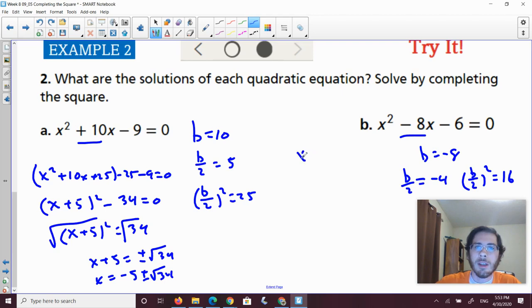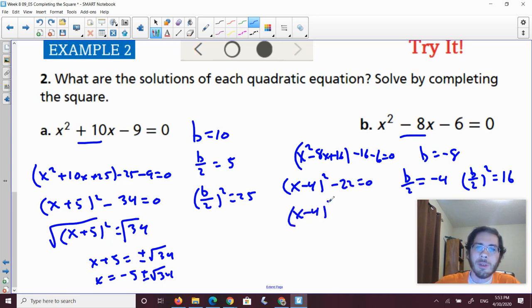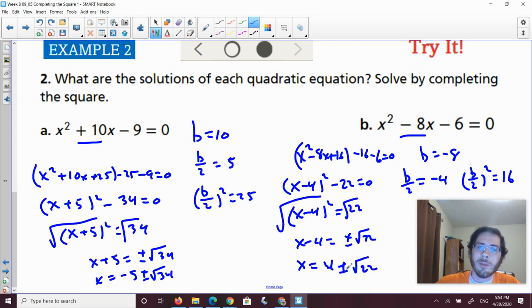So we get x squared minus 8x plus 16 minus 16 minus 6 equals 0. x minus 4 squared minus 22 equals 0. x minus 4 squared equals 22. Square root, x minus 4 equals plus or minus root 22. x equals 4 plus or minus the square root of 22. That's it.